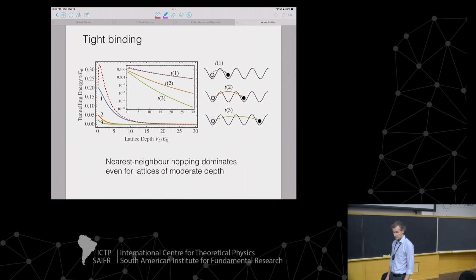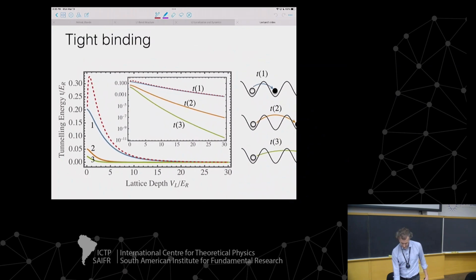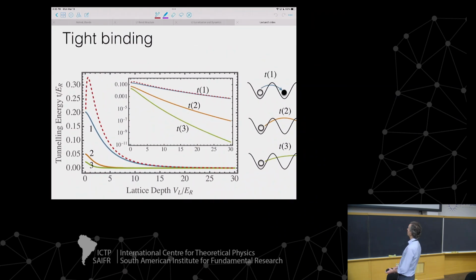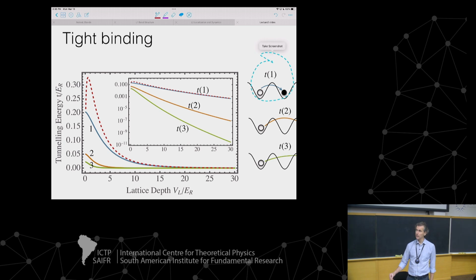So I think this is some description of tight binding here, where I'm saying the process of nearest neighbor tunneling is the dominant process. If you look at this plot here as a function of lattice depth, then the nearest neighbor tunneling, which is this T of 1 here, is the strongest process.